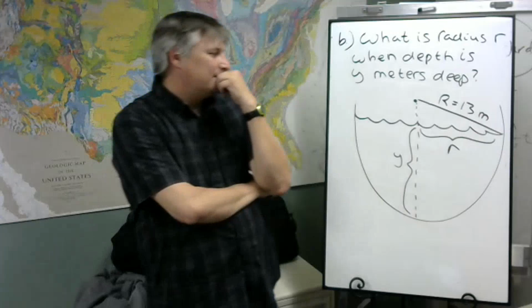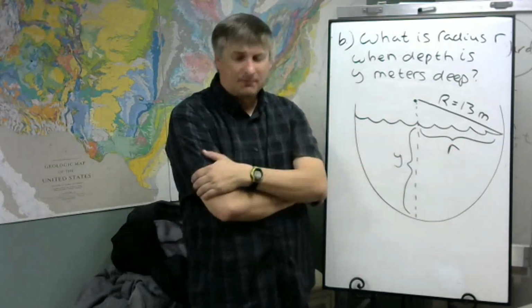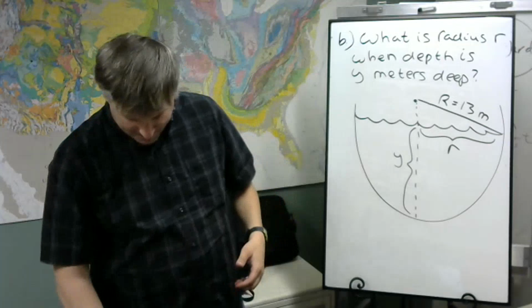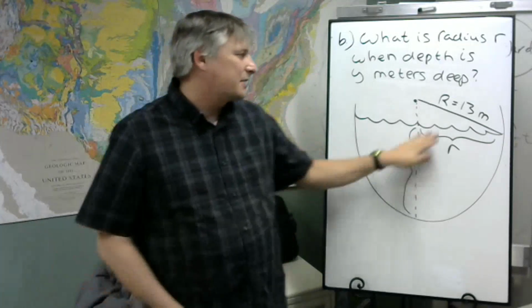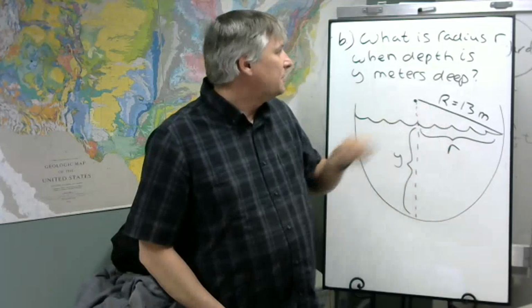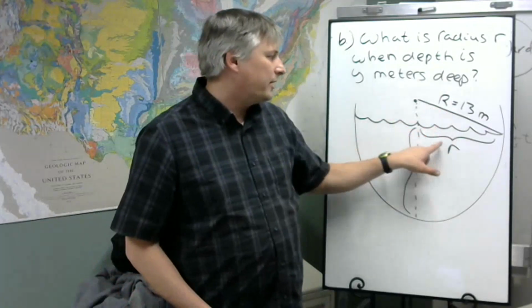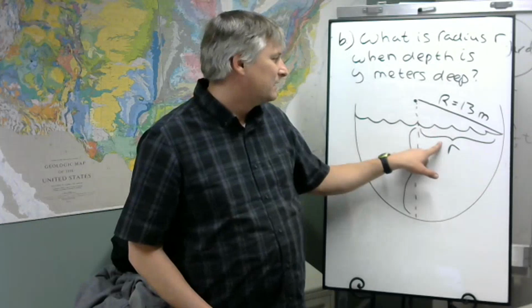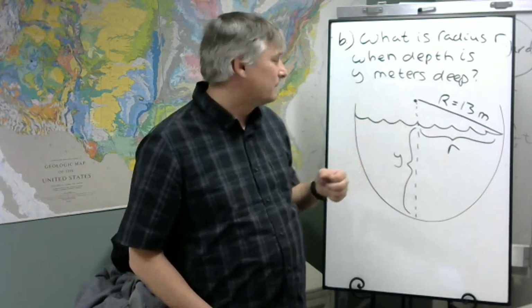So what we want to do is find this. Now, a little clever trick here. We've got a triangle. So this triangle, we know the hypotenuse. We're looking for this side. Is there something we can do about this? Can we call this something?